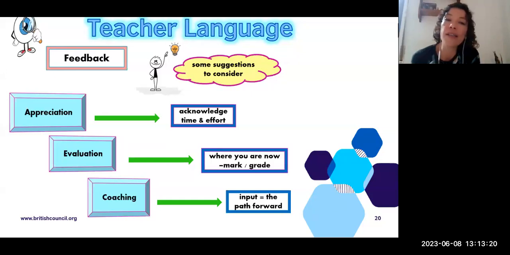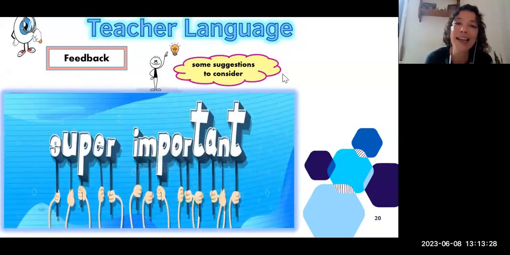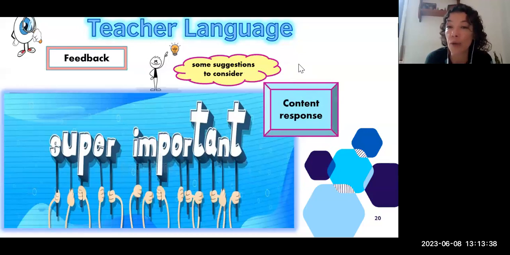The reason why I feel this is quite an important aspect of our teacher language, actually, is that above all of this, what's super important, and perhaps the most important for me on one level, is really content response.